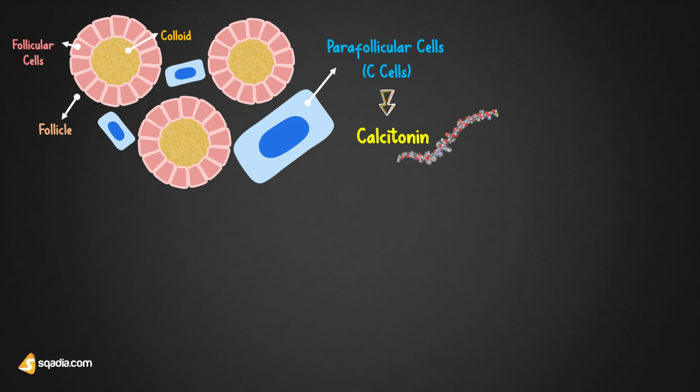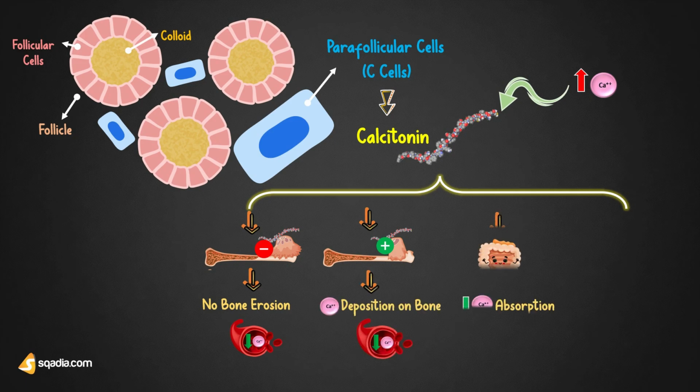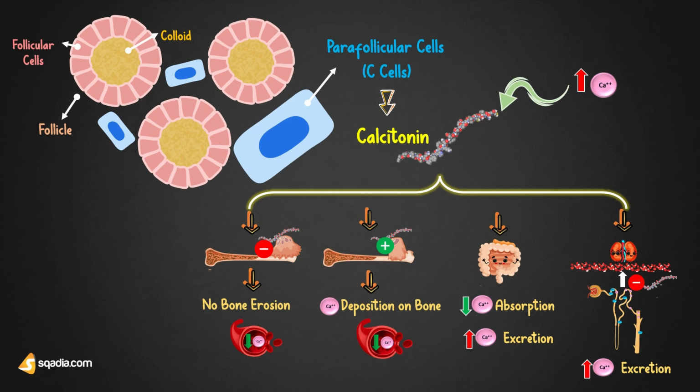Well, calcitonin is secreted in response to rising blood calcium levels. It inhibits osteoclastic activity, thus inhibiting bone degradation, increases osteoblastic activity, thus increasing bone formation, decreases absorption of calcium in the intestines, thus increasing its excretion, and also acts on the kidney and increases its excretion in urine.